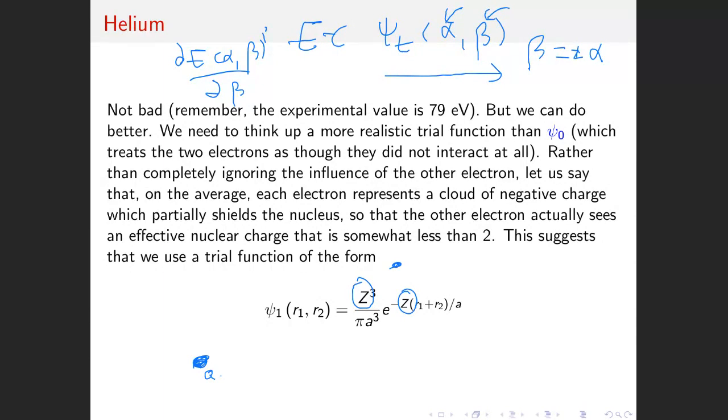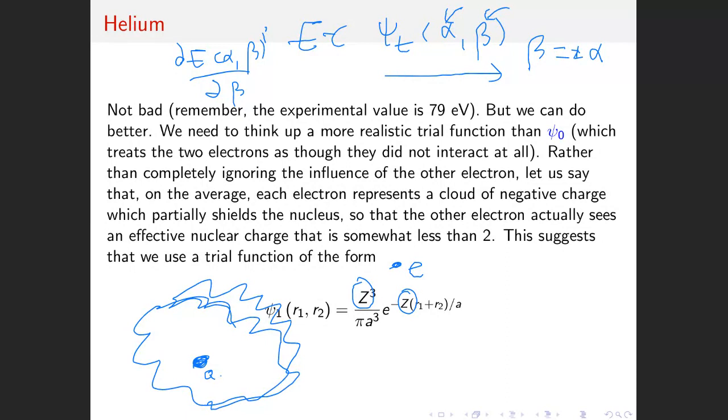So this electron doesn't really feel the full charge. It feels a reduced charge. I think that for helium, it feels a charge of 2e. So that reduced charge I'm going to call Ze, and introduce this into the wave function.